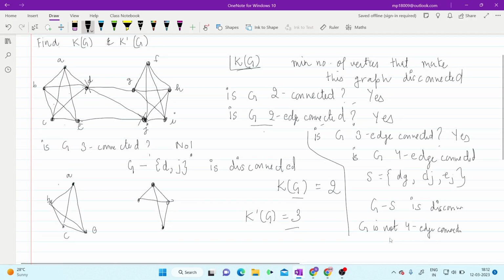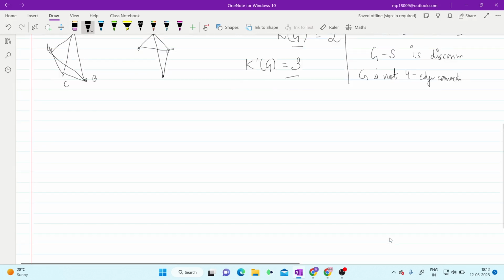So basically, ma'am, for every path, edge connectivity will always be one, no? For every path, you are saying. If a graph is just a path, then edge connectivity will be one, and even the vertex connectivity will be one.